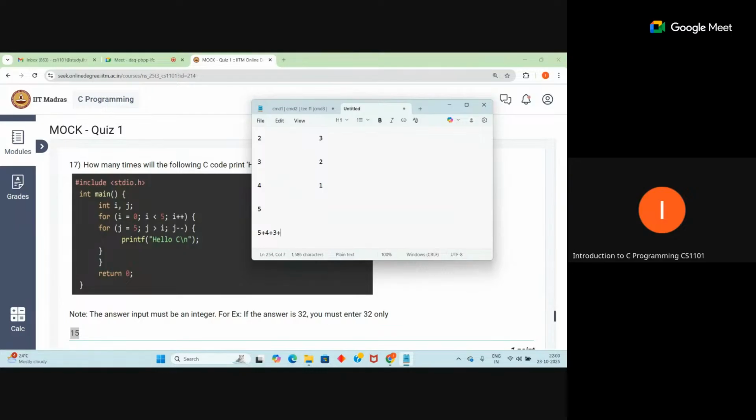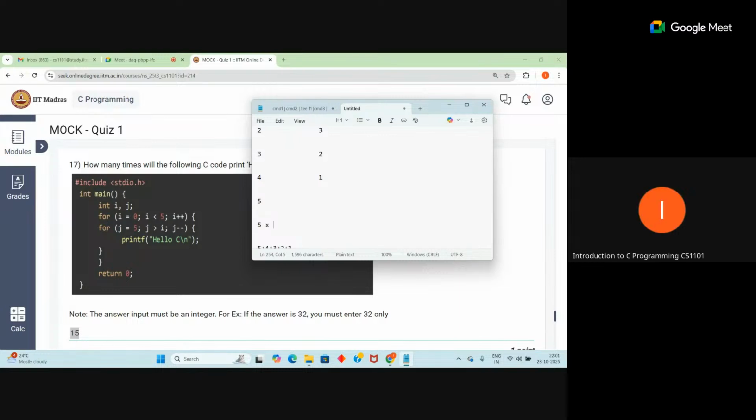You need to know how many times this loop is executing. The outer loop is executing 5 times, multiplied by how many times the inner loop is executing.